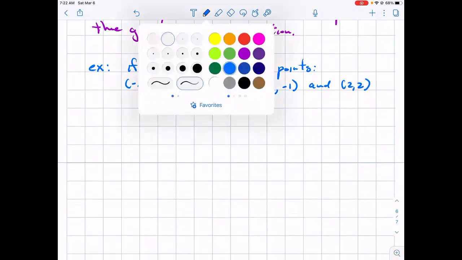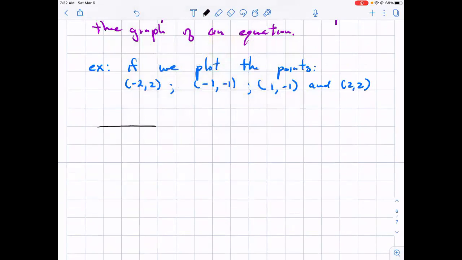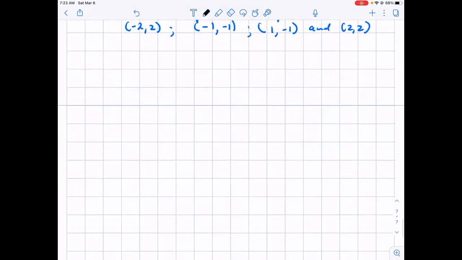So it's possible that when we plot this, we could have had a graph that looks like this. Let's put in the numbers. Let's do it here.